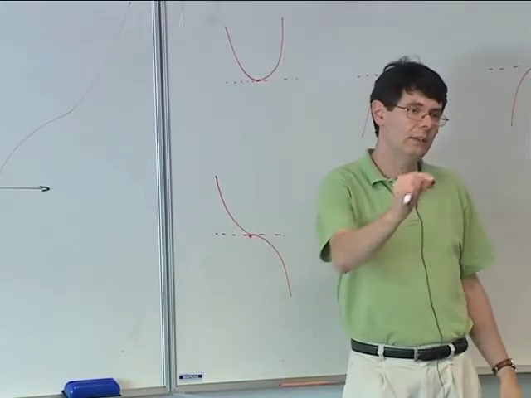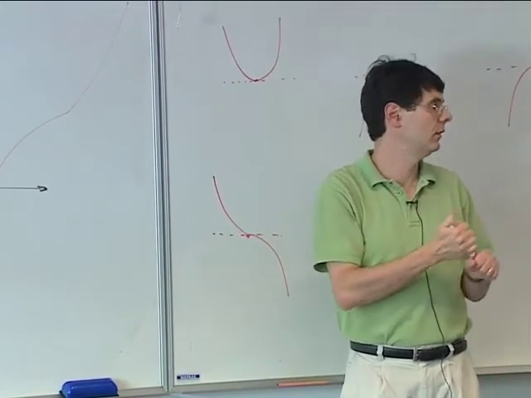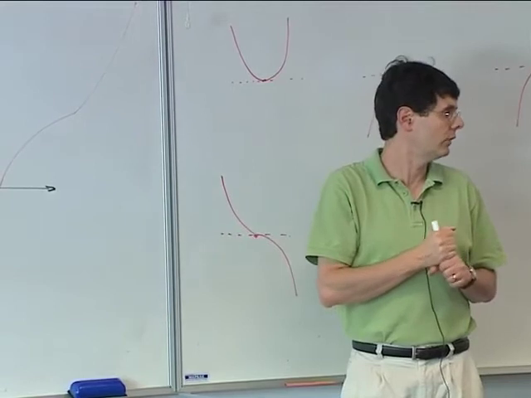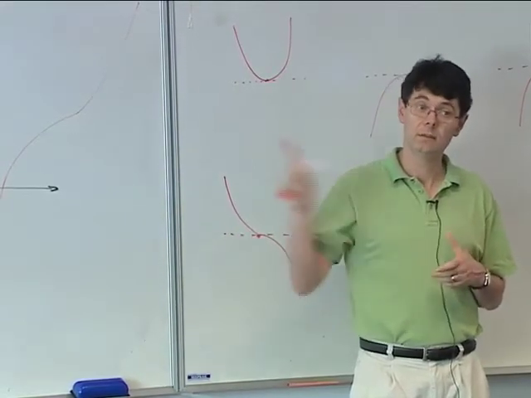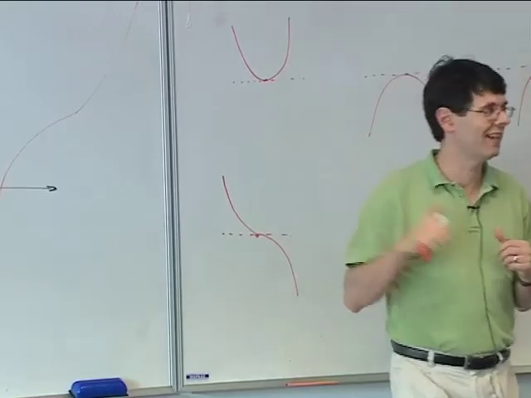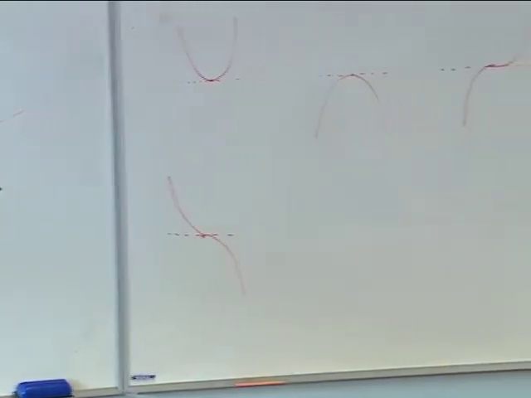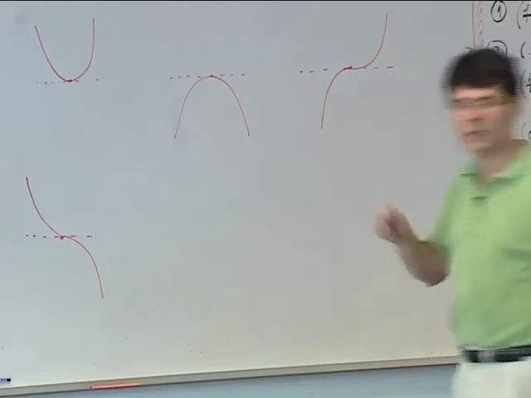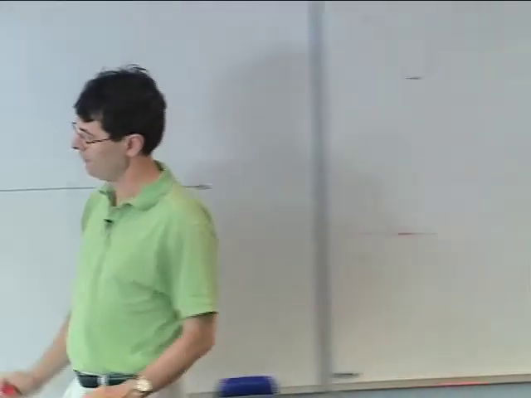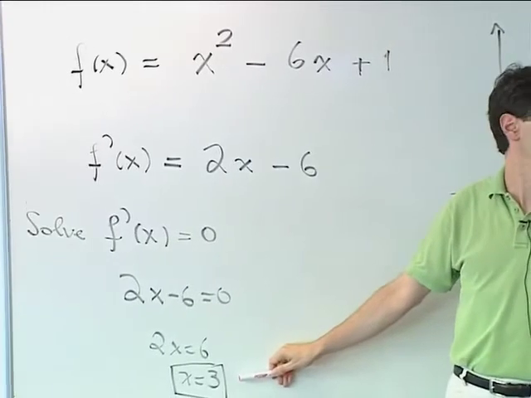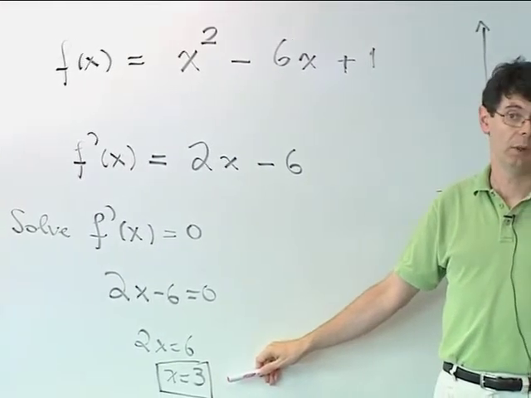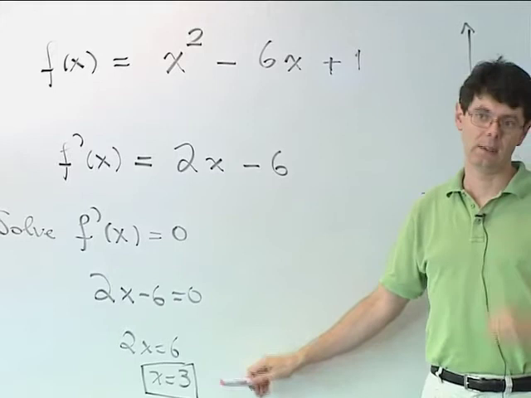So if you only have a little bit more information, not a little, it's quite a bit, but if you do, then you start getting a lot more. Again, let me tell you what type of information we're using here. We're not only using that x equals 3 has slope 0, but it's the only guy with slope 0.